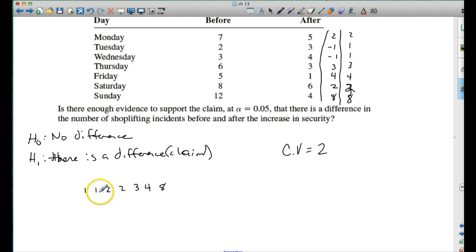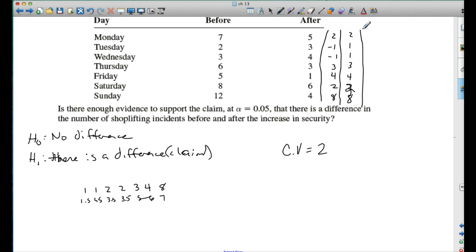Since these both rank 1 and 2, this would be a 1.5, 1.5, the 2s would take ranks 3 and 4, so 3.5, 3.5, then 5, 6, and 7. Those are our ranks. And now we're going to put our ranks back up here next to the values.